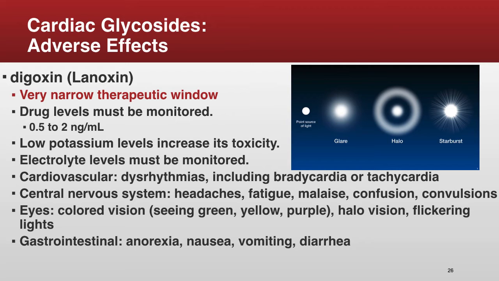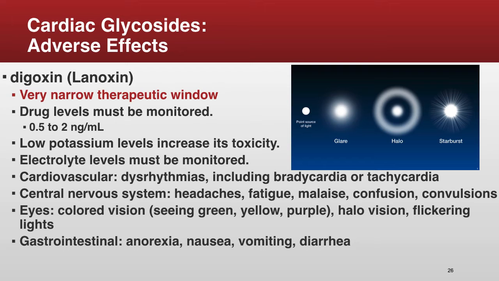Cardiovascular-wise, they may have dysrhythmias including bradycardia or tachycardia. Bradycardia is the most common adverse effect. With the central nervous system, there may be headaches, fatigue, malaise, confusion, and convulsions.